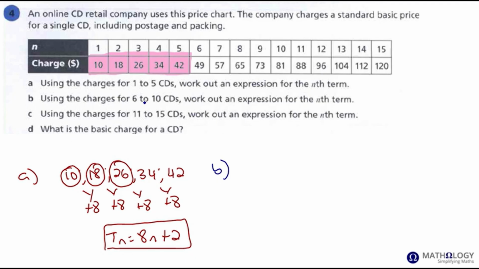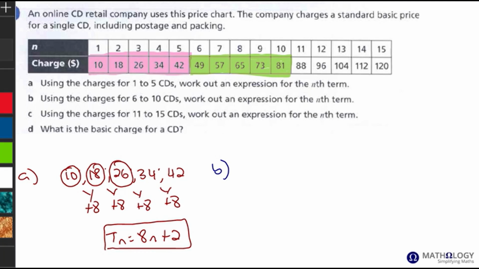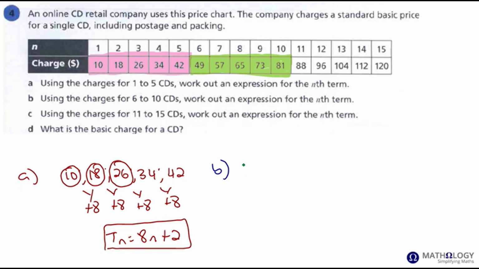B, using the charges for 6 to 10 CDs, do the same thing. Okay. So for 6 to 10, okay, so the sequence we now have is 49, 57, 65, 73, 81.